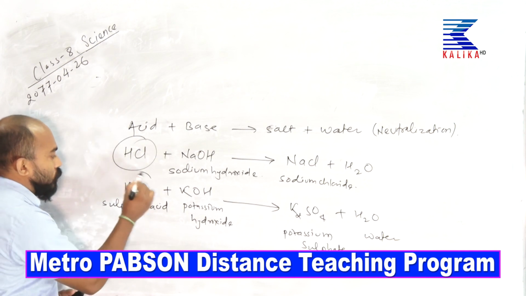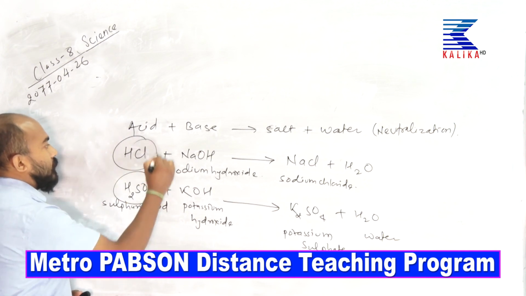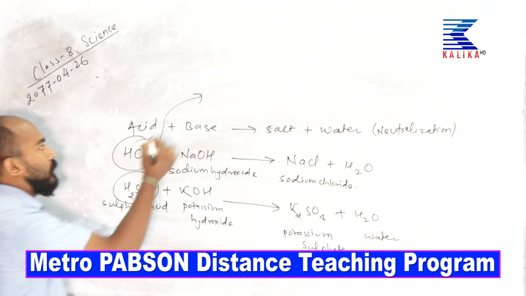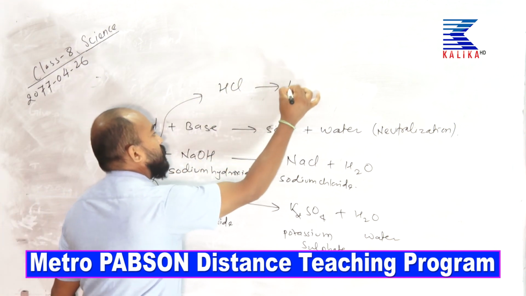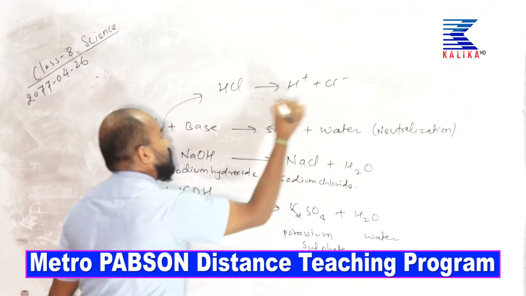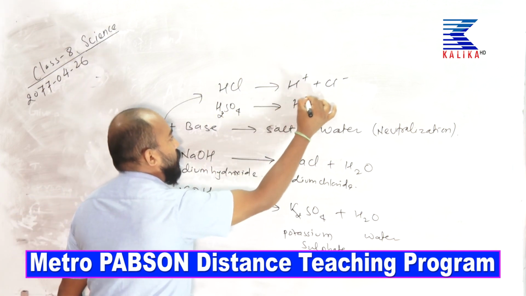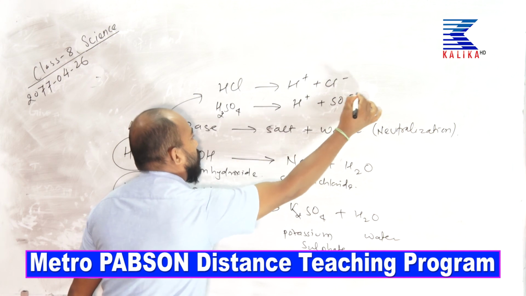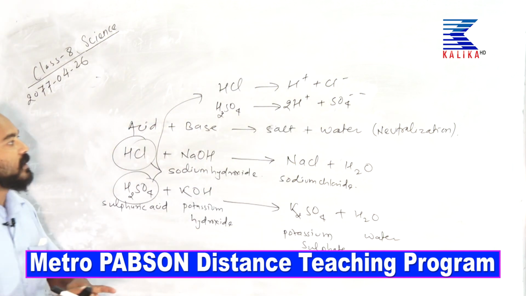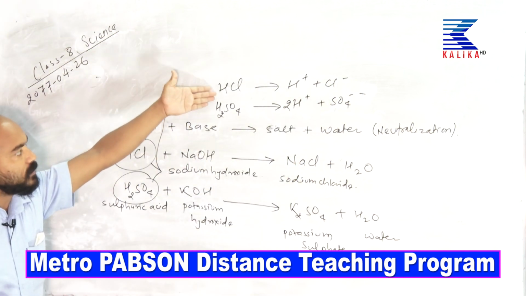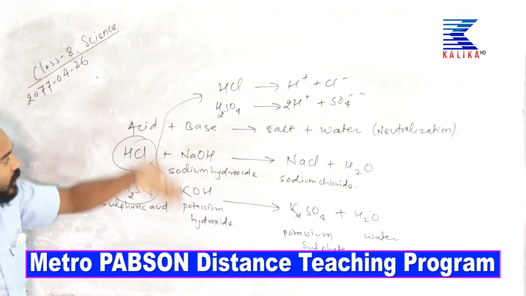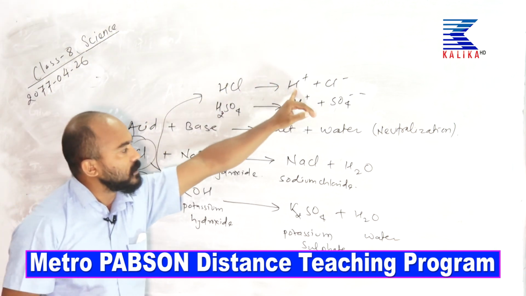So, acid HCl forms H plus and Cl minus, H2SO4 forms 2H plus and SO4 2 minus. The acid, when dissolved in water, must give H plus ion.